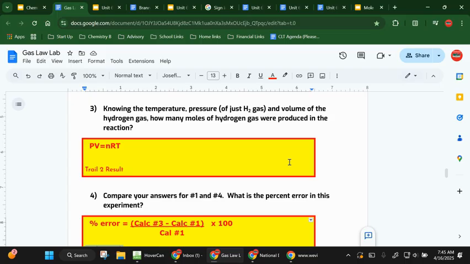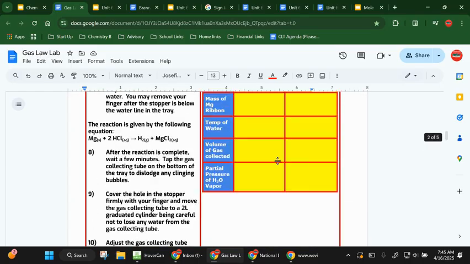The reason for that, ladies and gentlemen, and this is a little bit of a preview of the next unit, is that in this chemical reaction right here, which is what happened, for every 1 mole of magnesium that we used at the beginning, we should have created 1 mole of hydrogen gas. They are in a 1-to-1 ratio in this reaction.